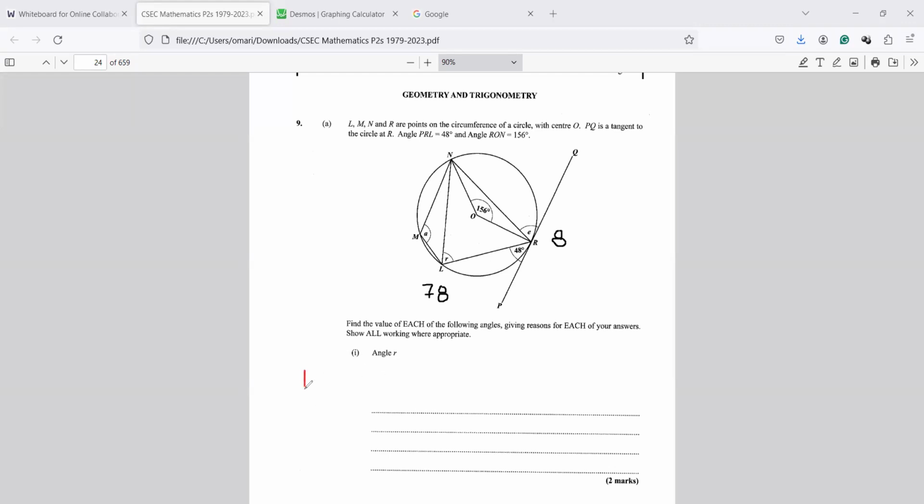So 180 degrees. Give me a second, I'm looking at it again.